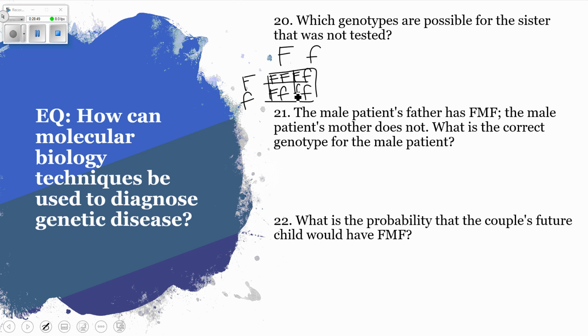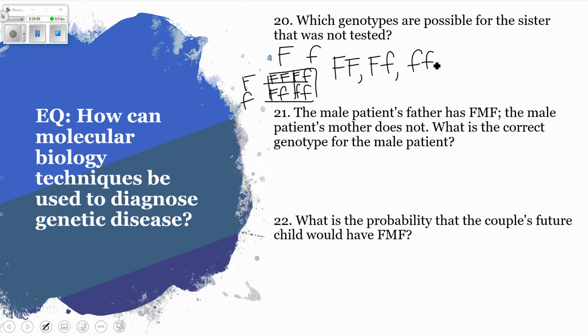So looking here, she can be homozygous dominant, meaning that she has the two dominant alleles. She could be heterozygous, meaning she has one dominant and one recessive. Or she'd be a homozygous recessive, meaning that she has those two recessive alleles.